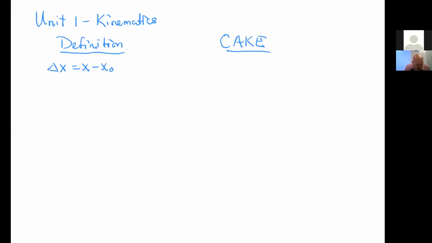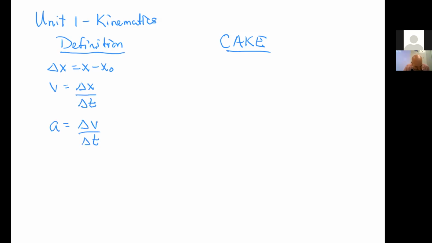And then velocity was defined as the rate at which position changes, or delta x over delta t. And then acceleration is the rate at which velocity changes, which is delta v over delta t.